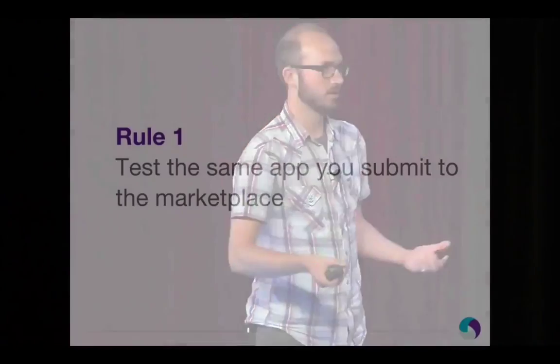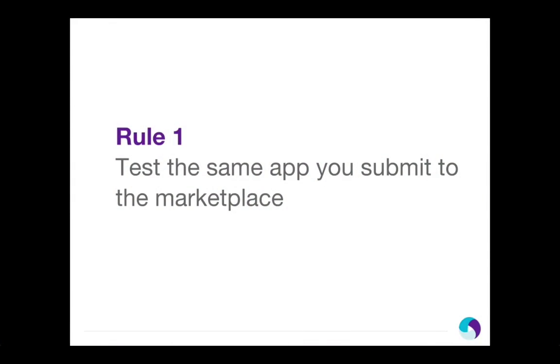If you test one version of your app and you submit another version of your app to the App Store, what if this version actually has bugs? And I think we've all been bit one time or another by issues like this. So if you can submit an app binary which has actually passed tests, that instills a great sense of confidence in your code and in your application's behavior.